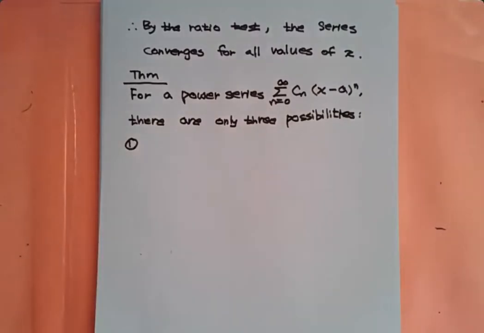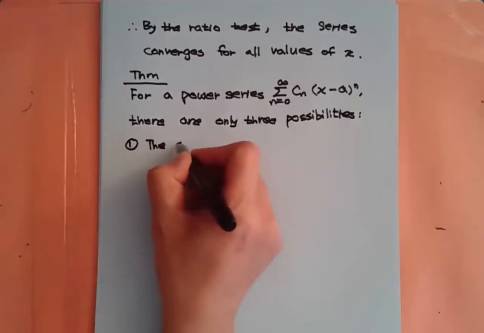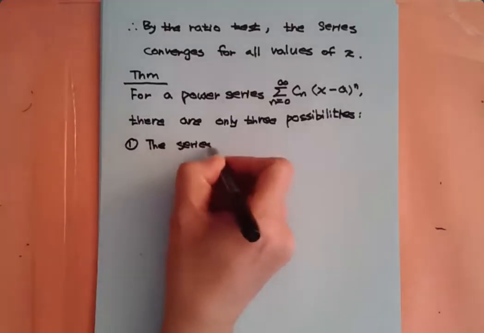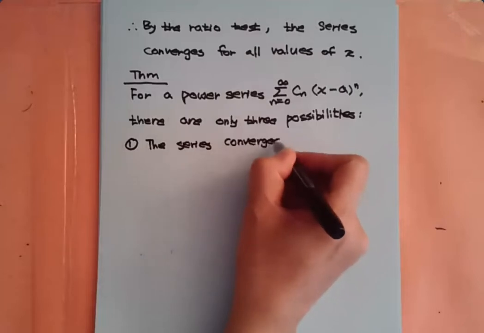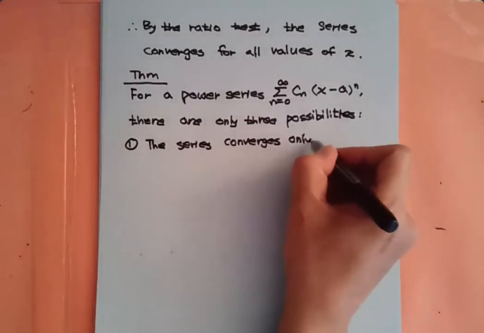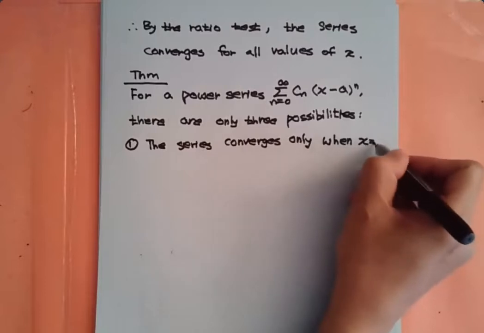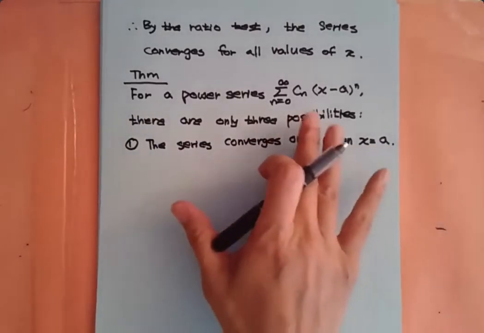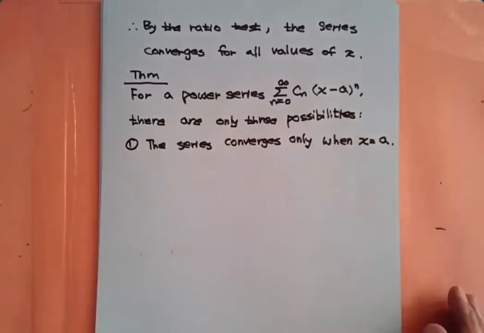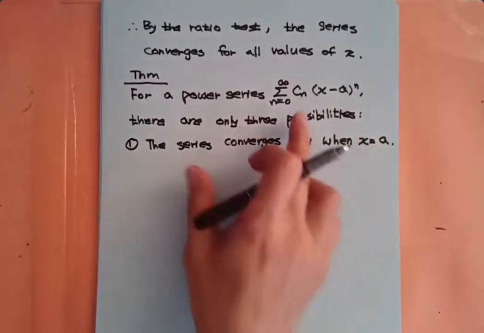The first is that the series converges only when x equals a, which basically makes everything 0 other than the zeroth term.